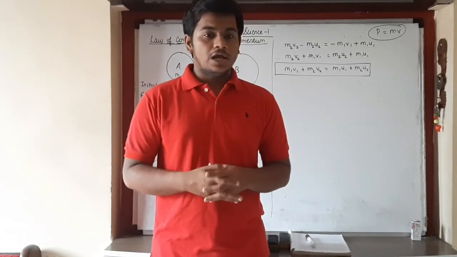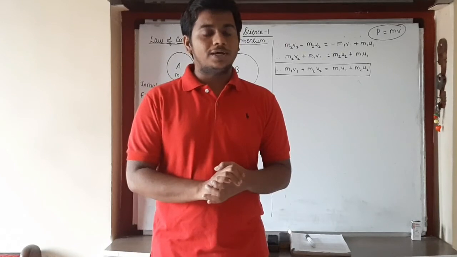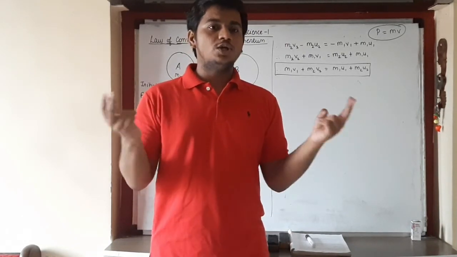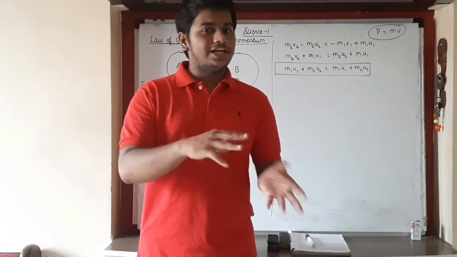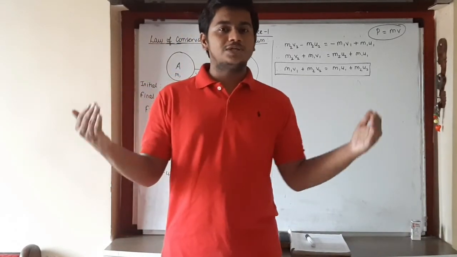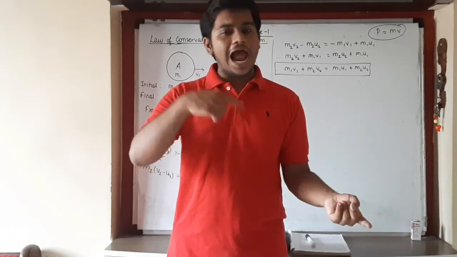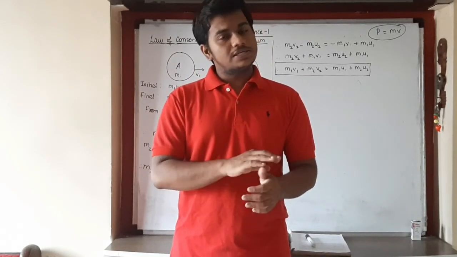Third one is, the total momentum before and after collision remains the same for two objects colliding. Or you can rearrange the statement and write, when two objects collide with each other, the total momentum before and after the collision is same.